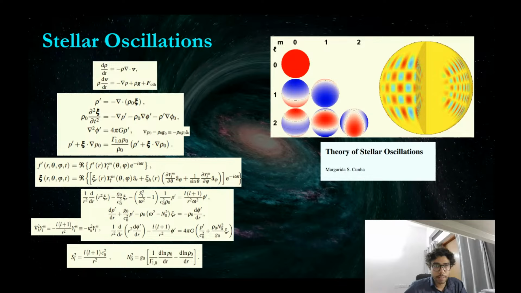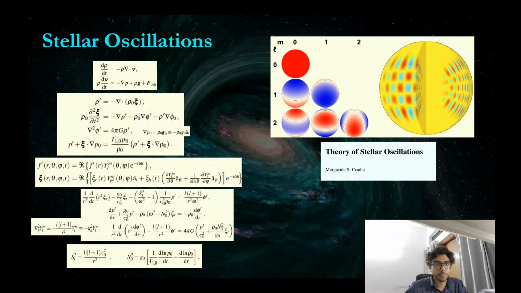I will not go much into detail, but these are polynomials which are dependent on this l and m, right? So this is the radial part, and this is the horizontal part, e to the power of minus i omega t. We are proposing that these functions will have a solution of these forms, and this is just our assumption, right?